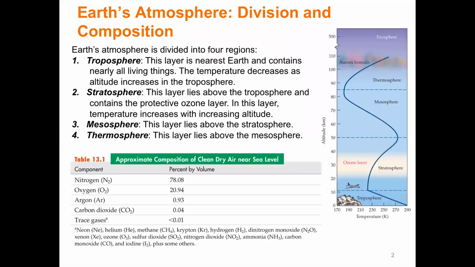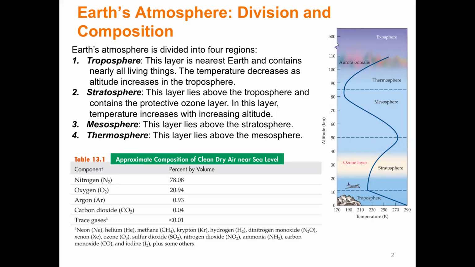There we go. All right, so the first part, I'm just sort of laying out the basis of what we're discussing here, the different layers of the Earth's atmosphere. Just like when we talked about the Earth itself, there were 3 layers, right? Crust, mantle, core. There are also layers based upon the different properties of the atmosphere as well.